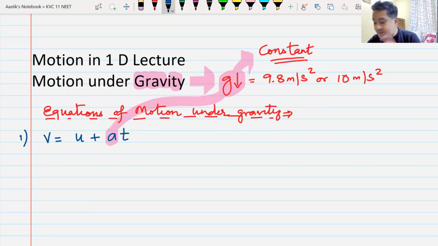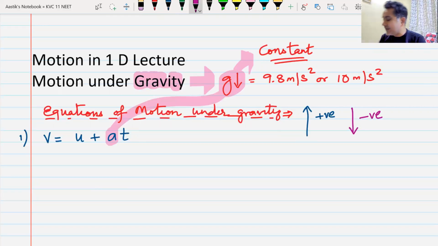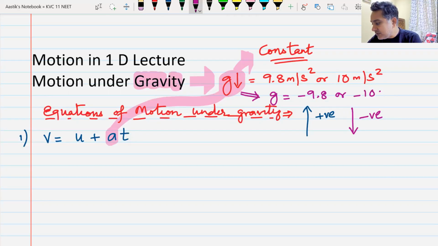Now also remember that whenever we use this equation, we use them with a proper sign, proper direction. Anything which is directed upwards will be taken as positive. Anything which is directed downwards will be taken as negative. So in that scenario, G will always be equal to minus 9.8 or minus 10 meter per second square, because no matter what happens, it is always directed downwards.